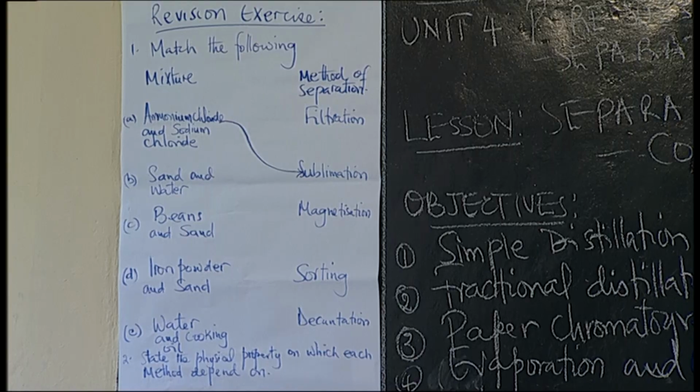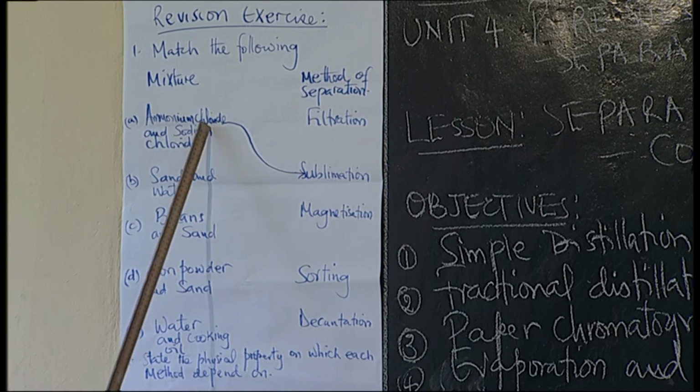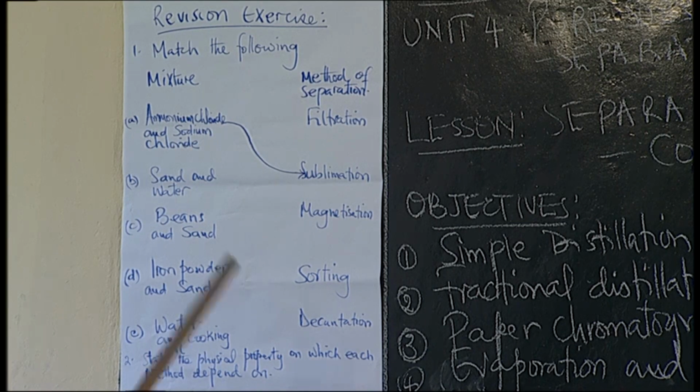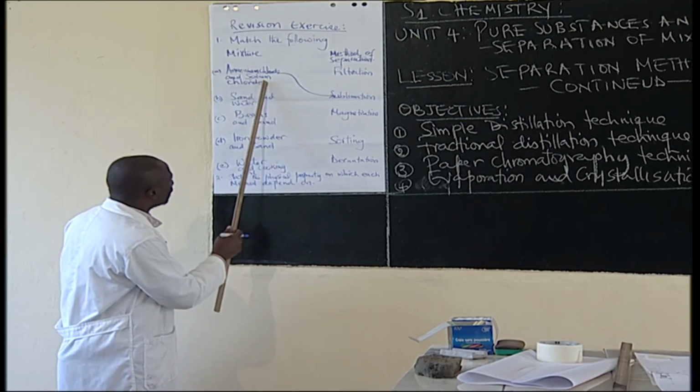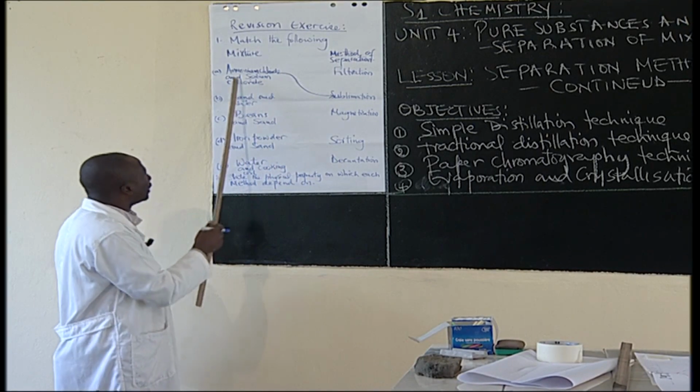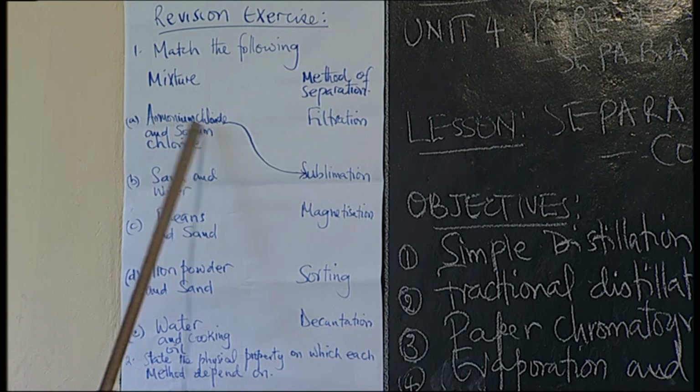If you remember what we talked about in sublimation, we said a substance is able to change from solid into gas without passing through the liquid state. So that is sublimation. In this case, ammonium chloride sublimes and sodium chloride remains behind. That is why we are choosing sublimation as a method that can be used to separate ammonium chloride and sodium chloride.